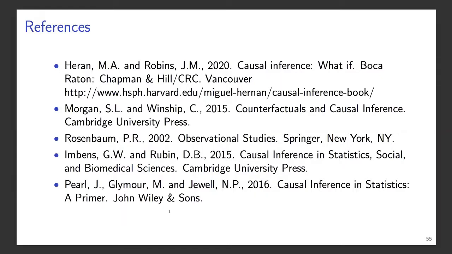Can you explain again why we can't just use multiple linear regressions to adjust for confounding? Sure.